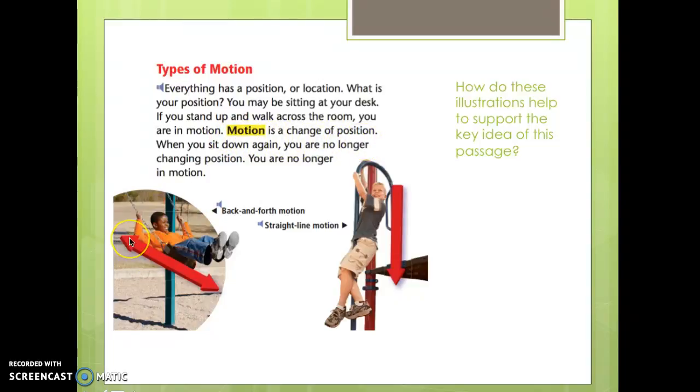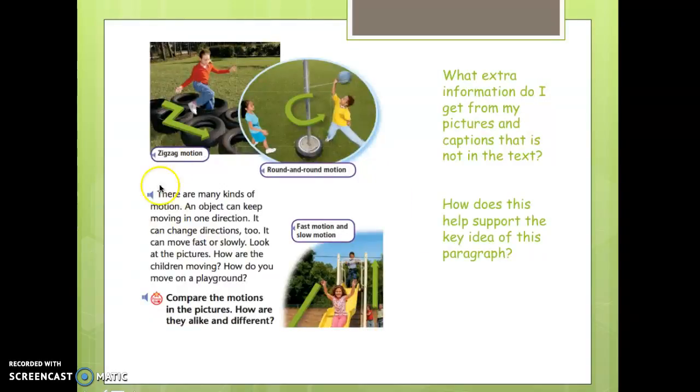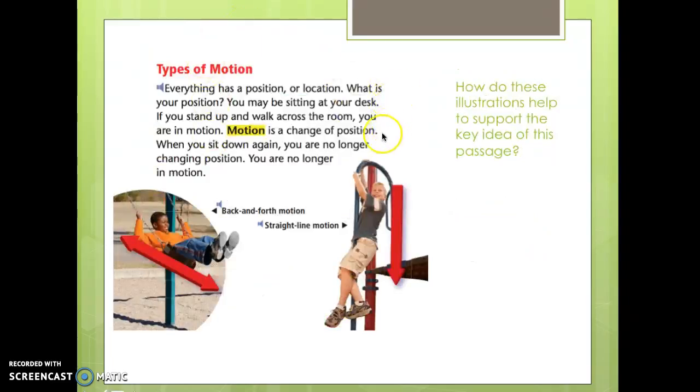So if my illustrations show me that motion changes by moving back and forth, or by moving straight down, or by moving in a zigzag, that helps to support the key idea that motion is a change of position.